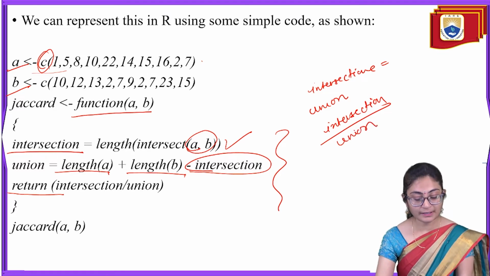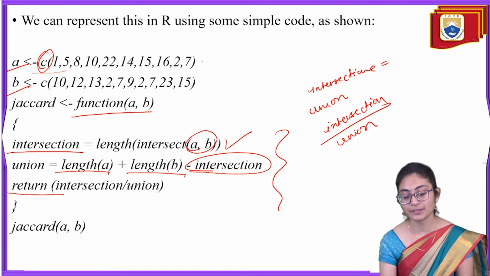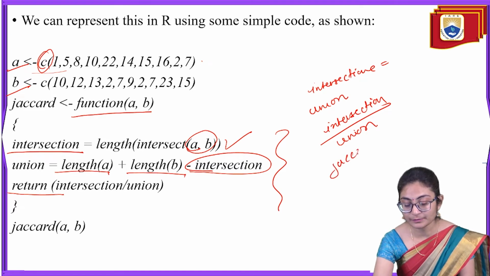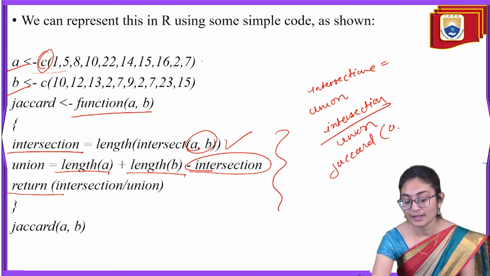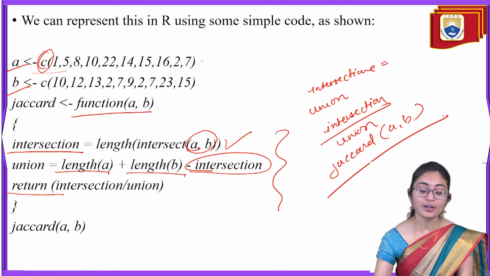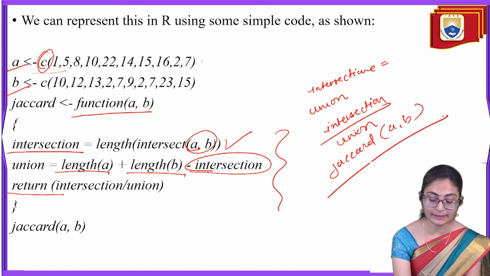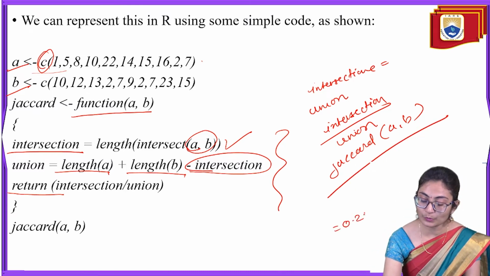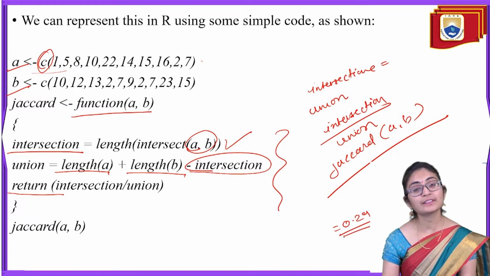Then you call the Jaccard function with A and B. After executing, you will get something like 0.29. This is your answer.